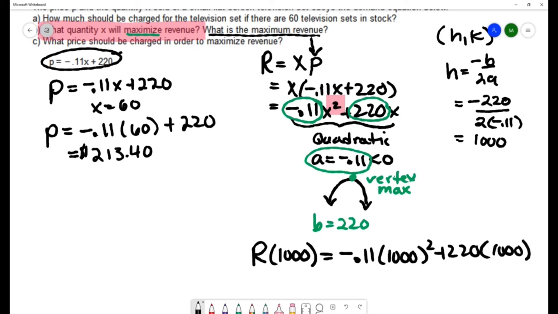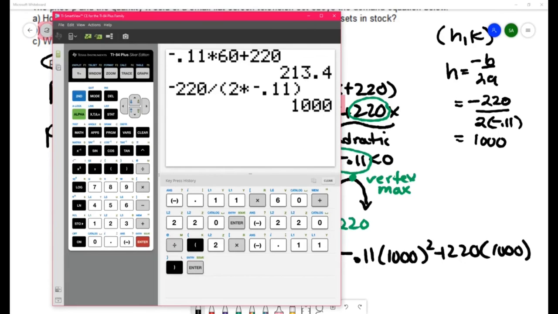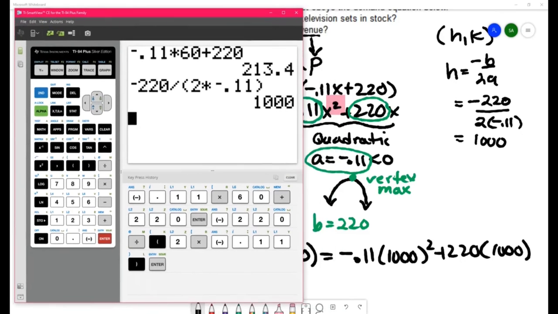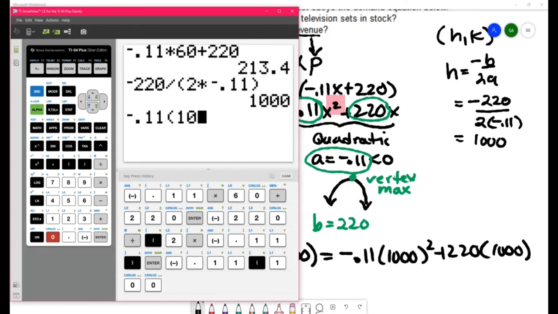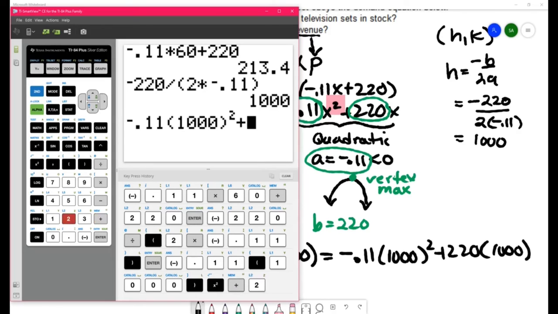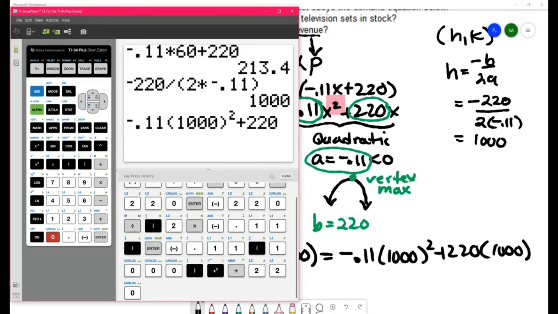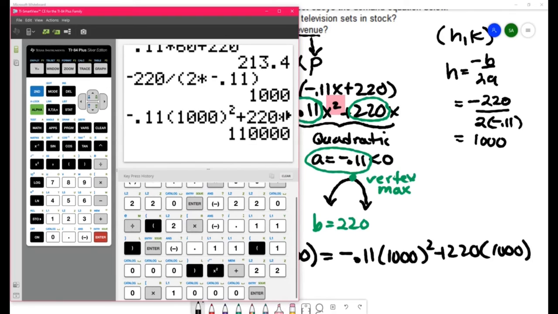And I'll use the calculator to help me work this out. So we get the maximum revenue to be $110,000.